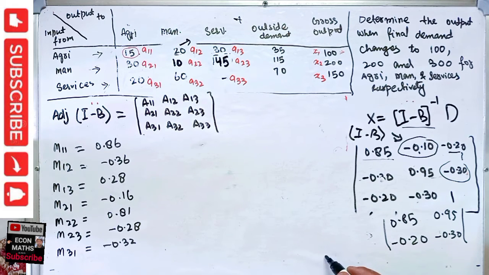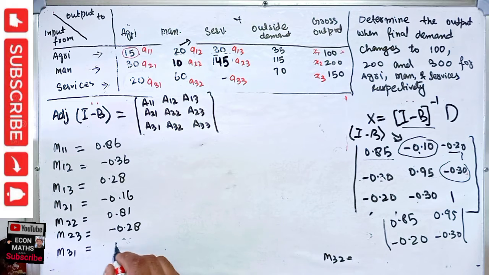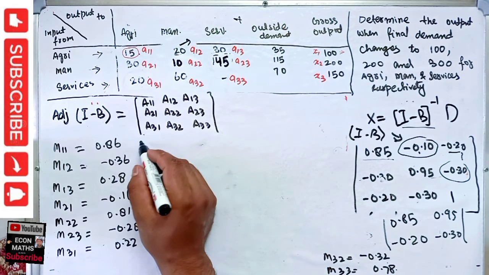I will write here, because of the lack of space, M31 was 0.22, M32 was minus 0.32 and M33 was 0.78.